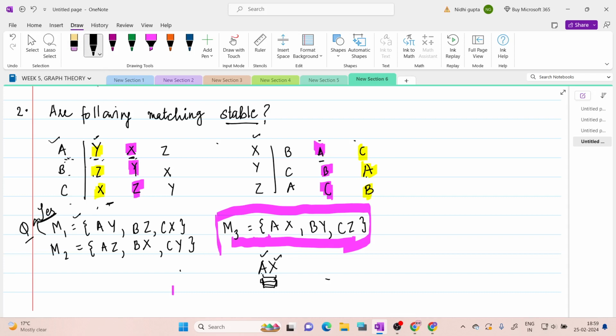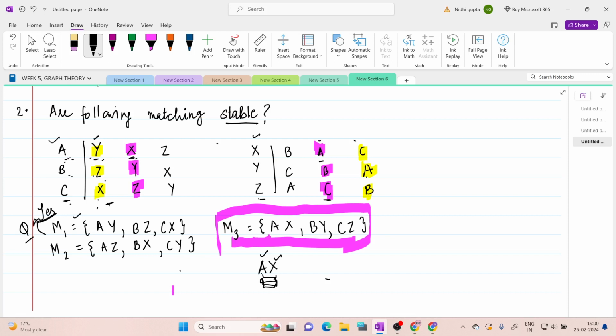What about BZ? Is BZ a blocking pair? BZ is not a blocking pair, because B prefers Z, but Z prefers C over D.